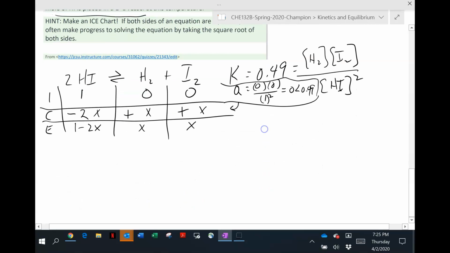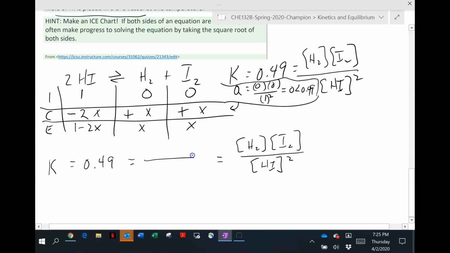Now, what we're going to do at this point is take that and plug it into our equation. So we know that K is equal to 0.49. And I'm going to leave a little space here to write the numbers in. The equation for K from this equilibrium is H2 times I2 over HI squared.